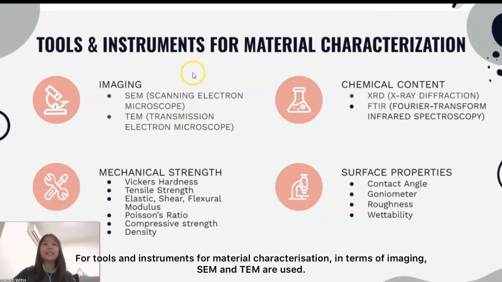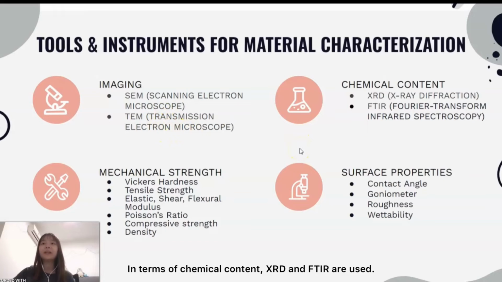For the tools and instruments for material characterization, in terms of imaging, SEM, which is scanning electron microscope, and TEM, transmission electron microscope, are used. In terms of chemical content, XRD, which is X-ray diffraction, and FTIR, Fourier transform infrared spectroscopy, are used.